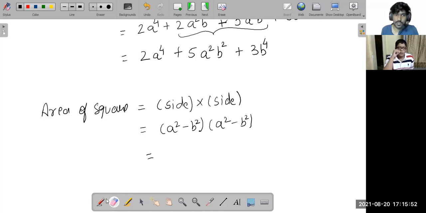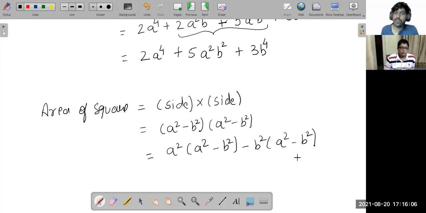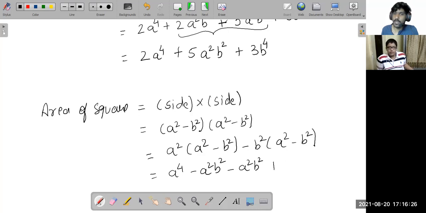So let's multiply a square into a square minus b square, minus b square into a square minus b square. Did you understand this? We multiply a square inside, it becomes a raised to 4 minus a square b square. Here minus again, so minus a square b square, and minus into minus will become plus, so plus b raised to 4. Understood? Any doubts here?